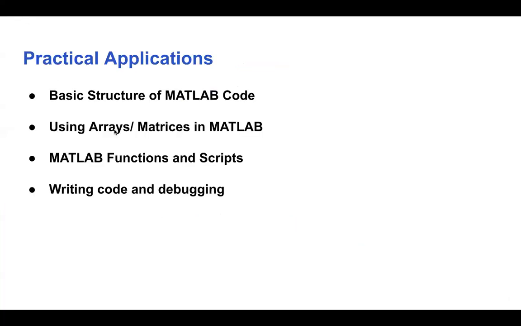First, we'll look at the things that we tried to understand during this course. First, we went through the basic structures of MATLAB code. In the basic structure of MATLAB, we learned that if you're starting with a function, you have a function definition line.